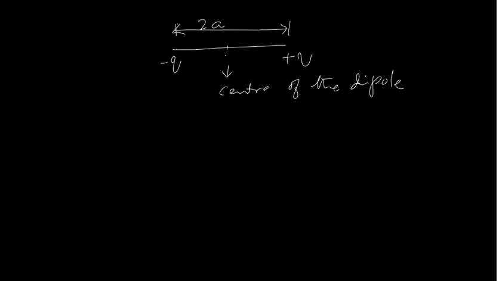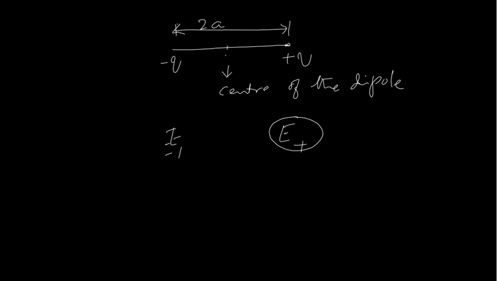Okay, now look at that second paragraph. What he says, the total charge of the electric dipole is obviously 0. Why? So this plus q creates a field, say E plus. This minus q also will create E minus.